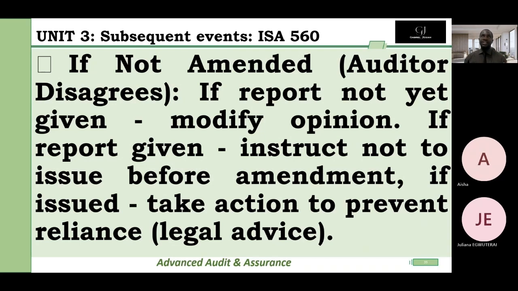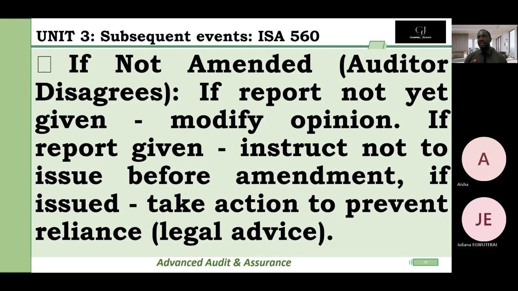So where there is a litigation case, we need to get legal advice depending on the materiality of the event. Wherever there's a tug of war between auditors and management, seek legal advice so that you can have appropriate safeguards, and the auditor will not be liable in case he issues an opinion and something backfires later.